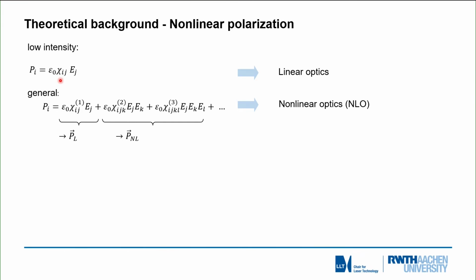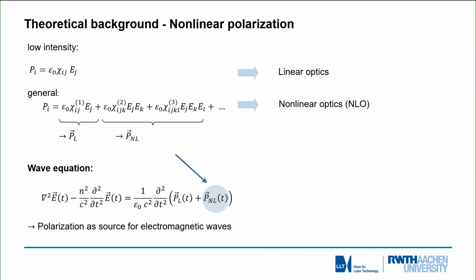At higher intensities and in a more detailed view, of course, we not only have a dependency on the first order of the electric field, but on the square, on the third power and the fourth, and so on. So this describes the domain of nonlinear optics, whereas if we only take into account a linear relation between electric field and polarization, we are in the domain of linear optics.